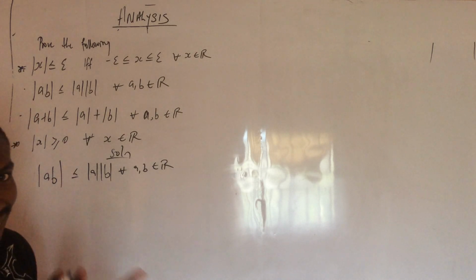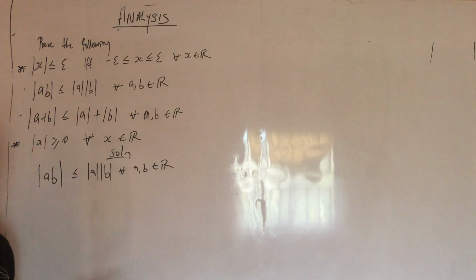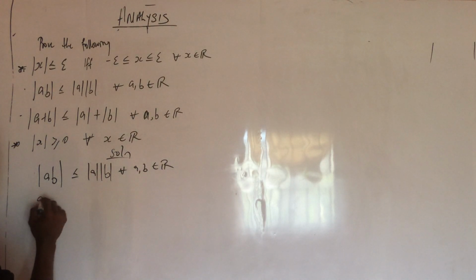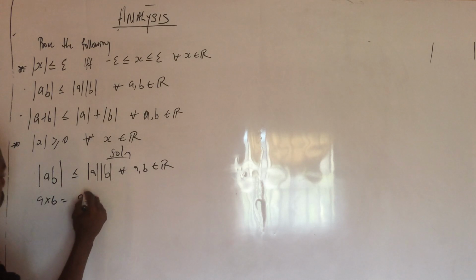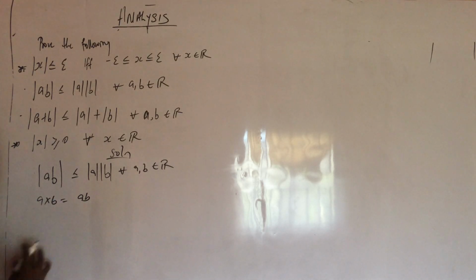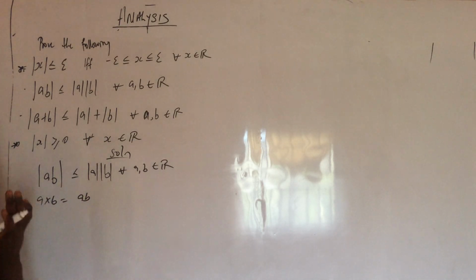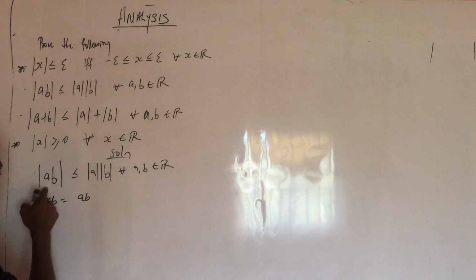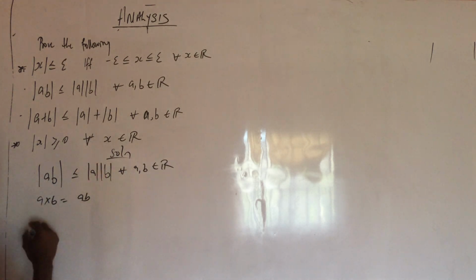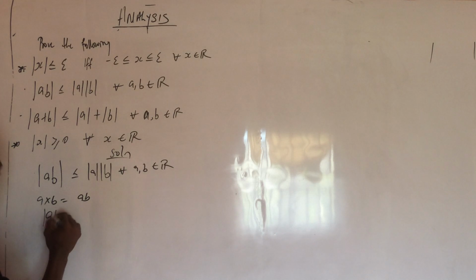And method one is easy. You just kill it and burn it. So how are we going to kill it and burn it? You remember that when we have something like a multiplied by b, it's going to give us what? ab, right? Yes. So having this in mind, here is a multiplied by b. So we have the absolute value of a multiplied by b.